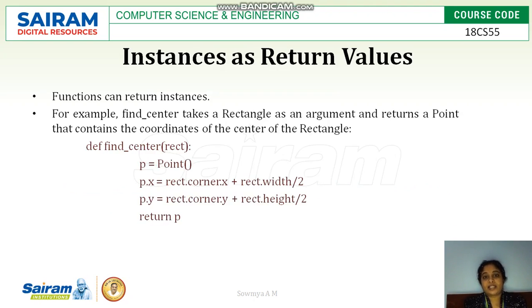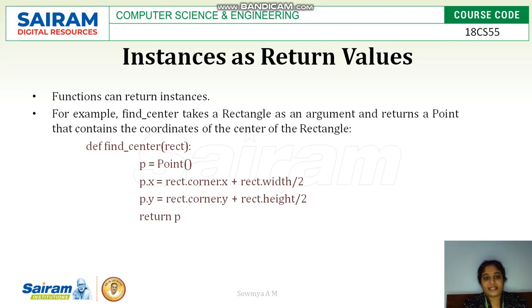Next one is instance as a return value. Functions can always return an instance. To find the center, take the rectangle as an argument and return a Point that contains the coordinates of the center of the rectangle.